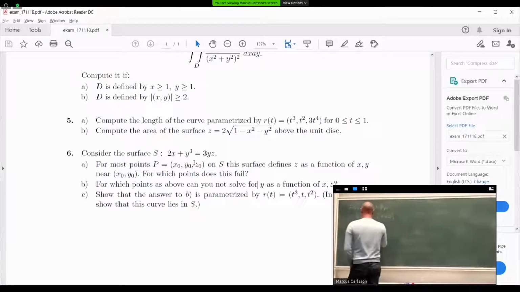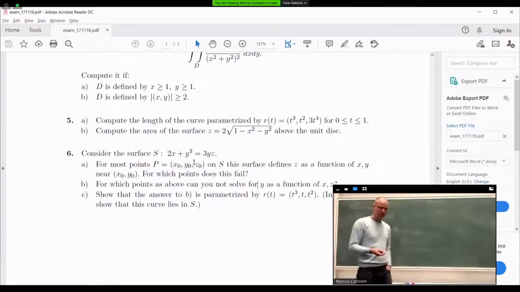So if I want to solve for c as a function of x and y, I'm interested in knowing when this derivative is not equal to 0, which means that I have to think about minus 3y is not equal to 0, which of course is the same as saying that y should stay away from 0.